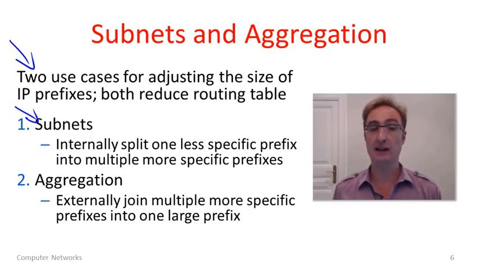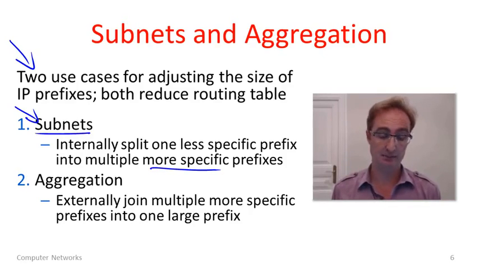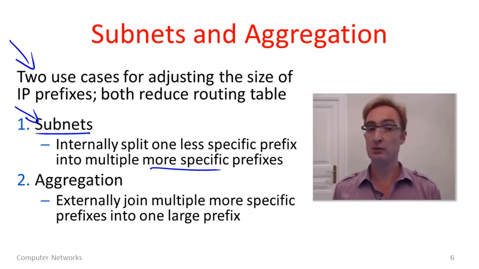You can divide a large prefix which has many addresses into multiple more specifics, each of which represents a smaller portion of the network. These more specific prefixes are called subnets. In this way, you can acquire a block of addresses from your ISP, and divide it up into different chunks to help you use it most effectively within your organization.